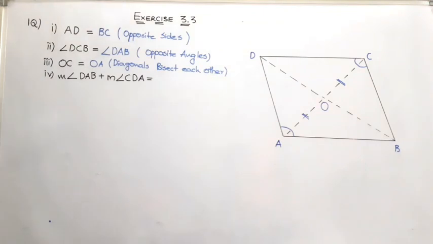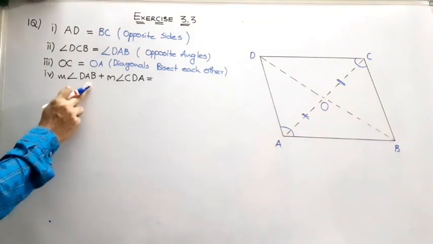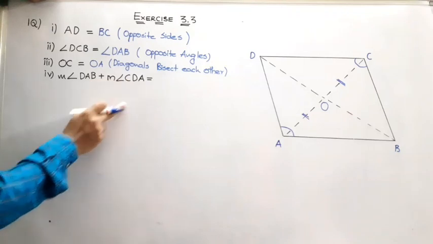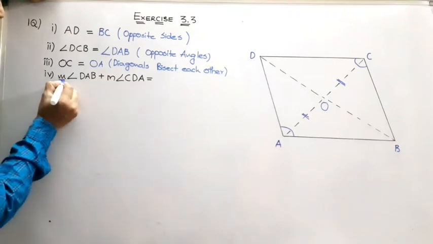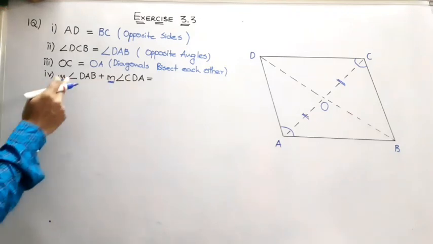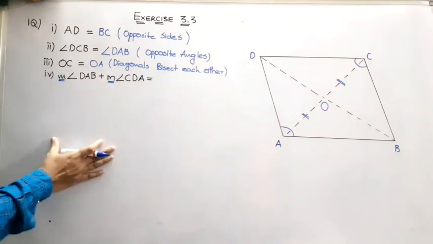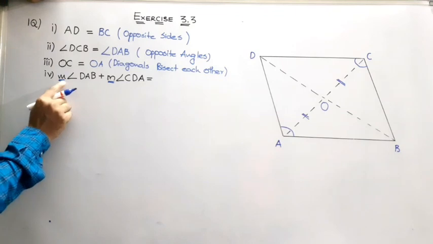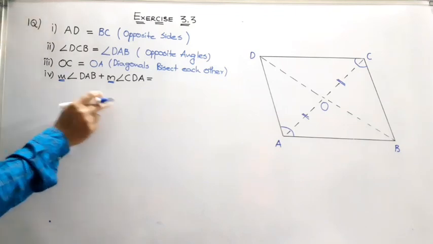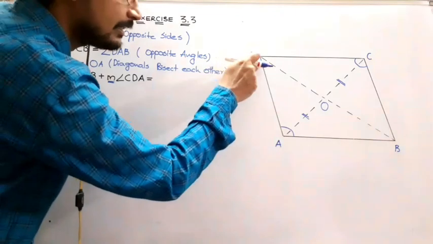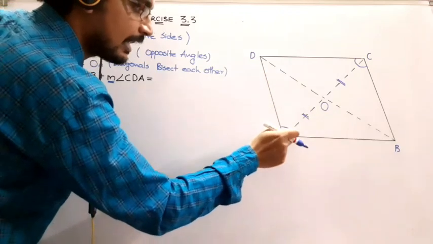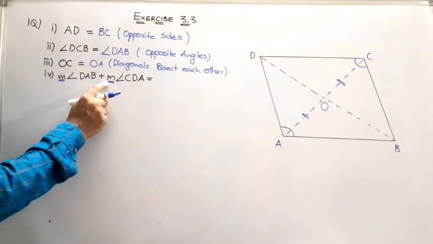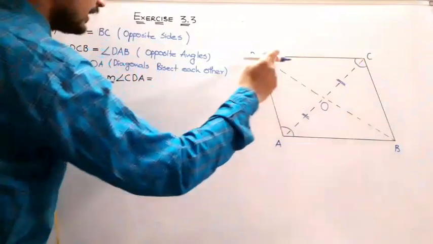Now look, here m angle DAB plus m angle CDA, here m indicates measure. Okay, angle measure. You can directly write angle DAB also, but measure means we usually take degrees. So measure of angle DAB. Where is angle DAB? DAB, this angle, and measure of angle CDA.